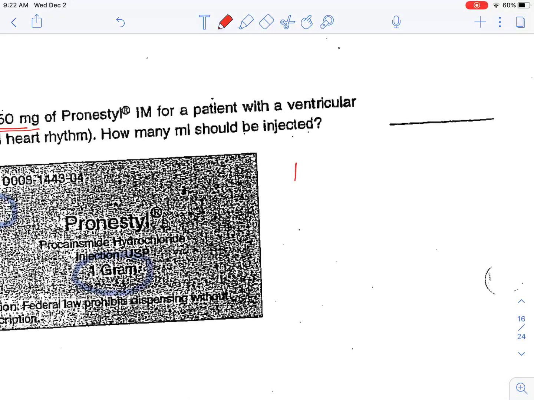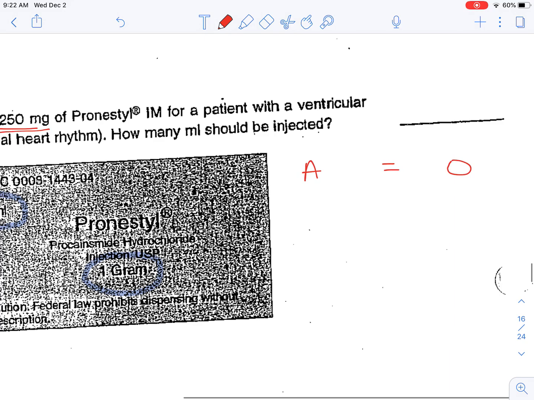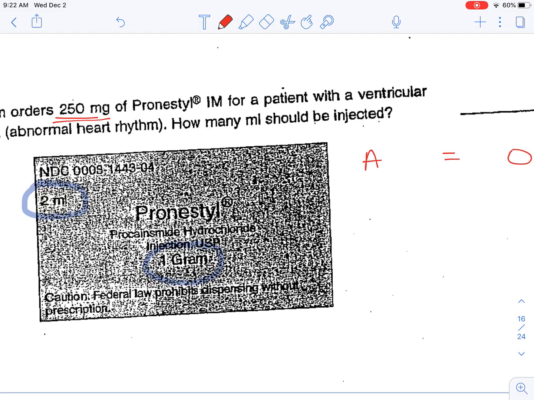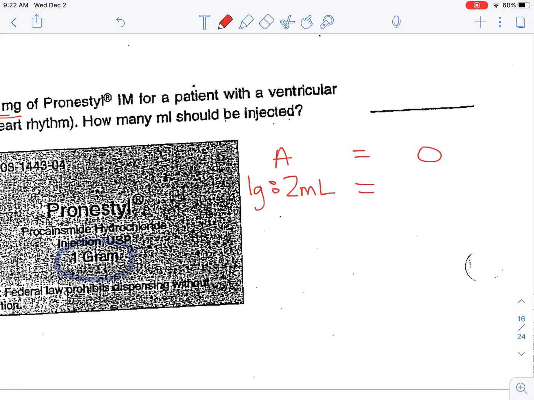So we go available to order. And the available we're getting off of the label here says 1 gram for every 2 milliliters. And our order is for 250 milligrams, but we don't know how many milliliters that's going to be.